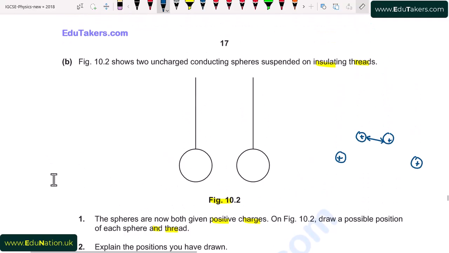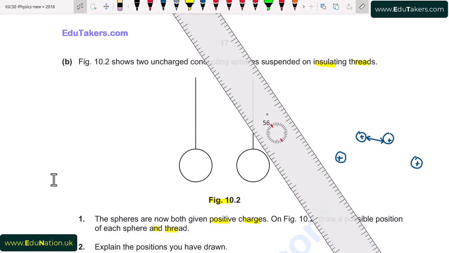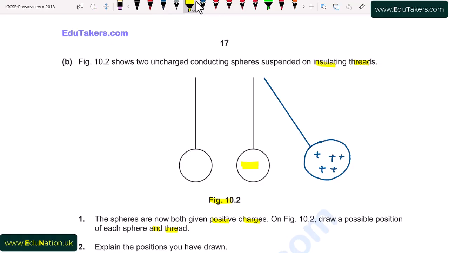So I draw here, first of all, a thread, and I draw a sphere here. Now it has positive charge. This is the position of this sphere.